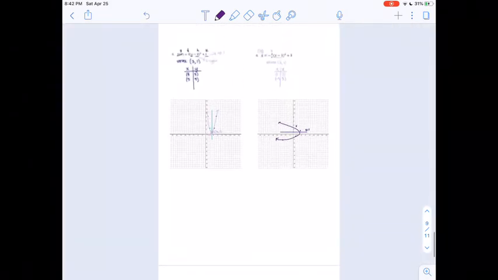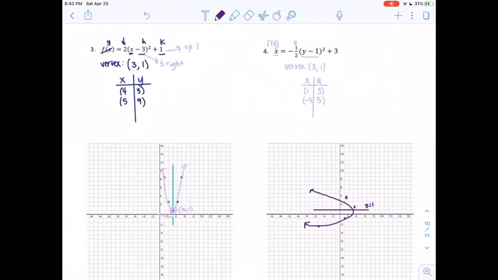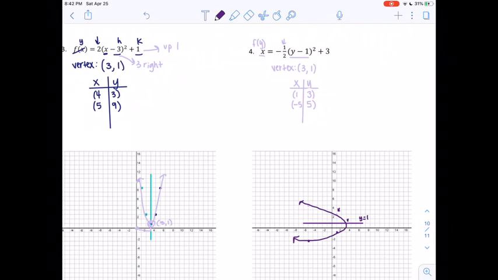Okay, and that's it essentially for vertex form. I know it's going to take a little bit of practice, but please, if you feel like you're getting stuck on the homework, refer back to my videos. You can also refer to the book. A lot of these examples are from the book, and they show step-by-step processes. And then also, again, feel free to shoot me an email. Use Khan Academy.